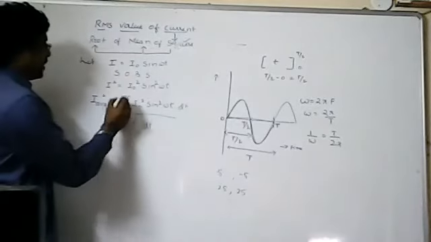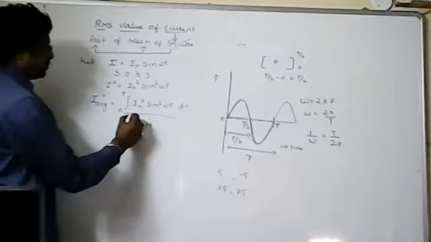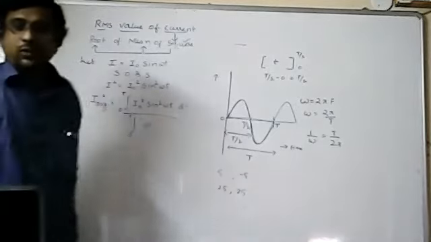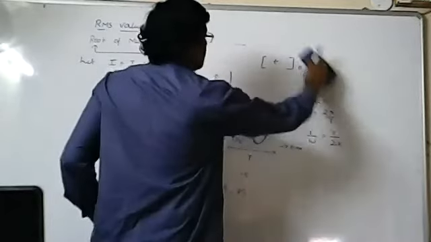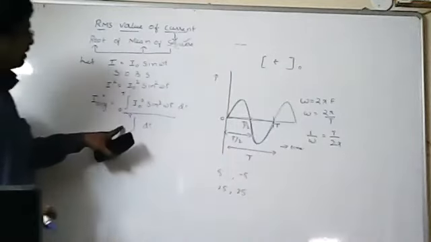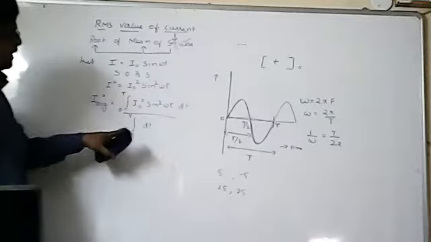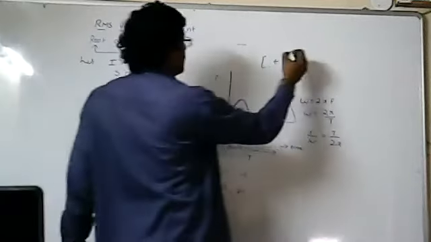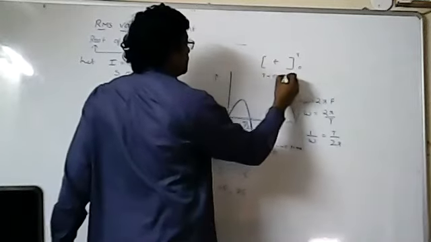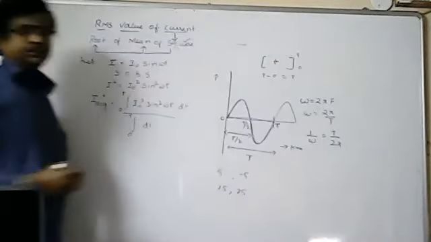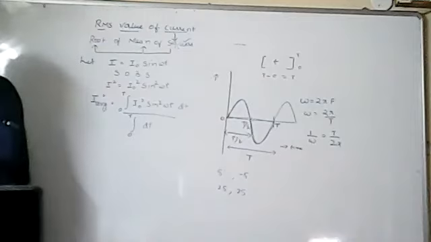That means 0 to T. Same thing, if I take the denominator and integrate, I will get T. But this time the limit will be T instead of T by 2.